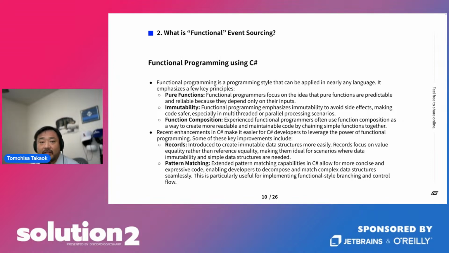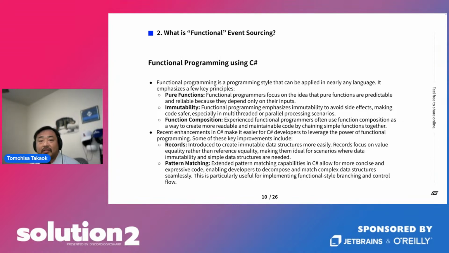Second, immutability: instead of changeable data, you create the data and you don't change it until the end of its life cycle. Third, function composition: even when you need to do complex things, you mix functions. So whenever we are developing, we can focus on each function.